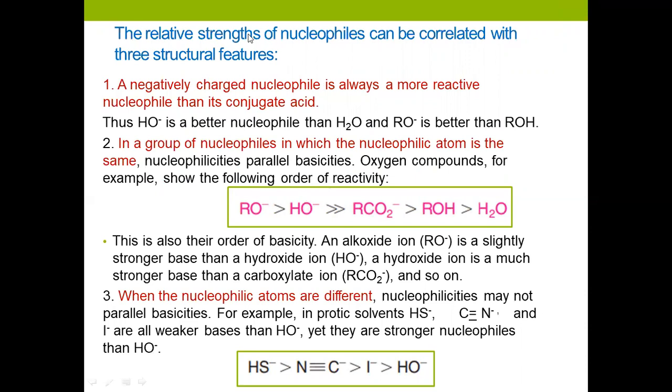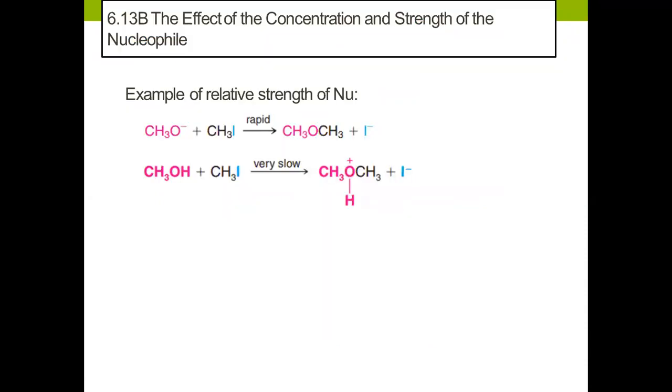So the relative strength of the nucleophiles can be correlated with three structural features. Number one, a negatively charged nucleophile is always a more reactive nucleophile than its conjugate acid. Okay, let's have an example for this one. So here, this is a negatively charged nucleophile, and this one can be its conjugate acid.